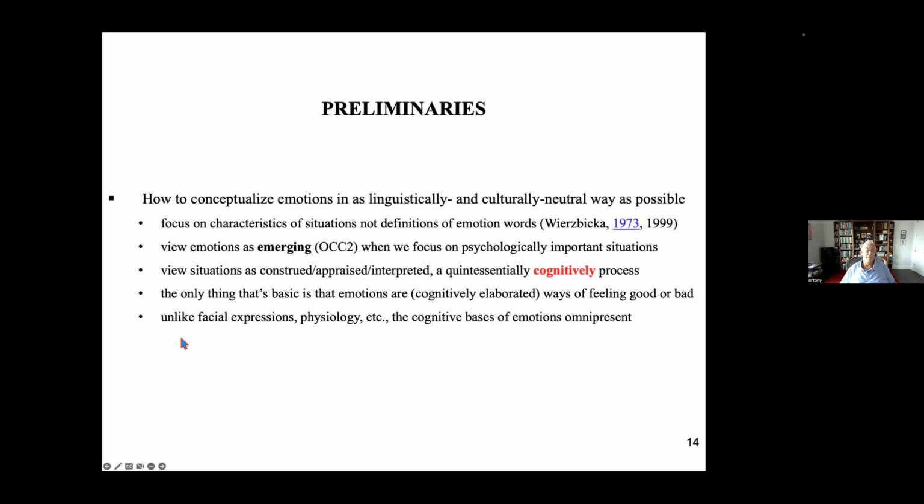And unlike facial expressions or physiological concomitants, the cognitive bases of emotions are omnipresent regardless of the intensity of emotions. However slight the emotion might be, it still requires the cognitive interpretation that gave rise to it, whereas there may be no facial expression or measurable physiological concomitants.